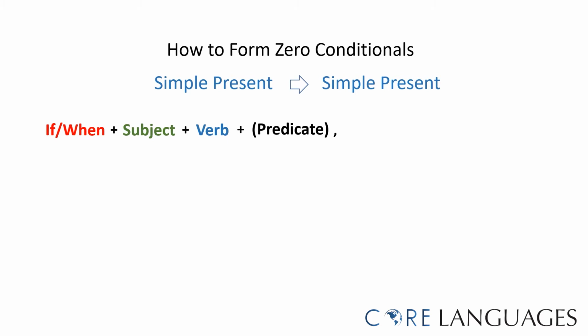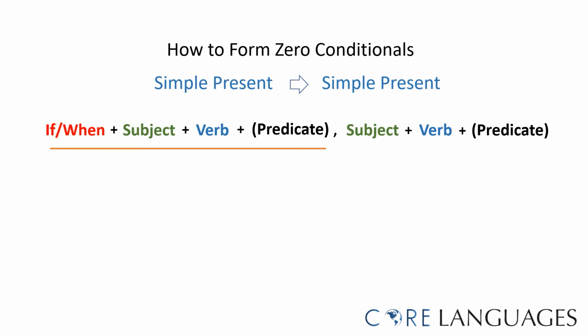When we start the sentence with if or when, we need to place a comma here. Then we have another subject, another verb, and another predicate or rest of the sentence or clause. This is the subordinate clause, and this is the main clause.